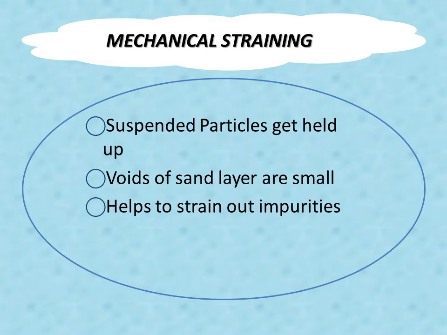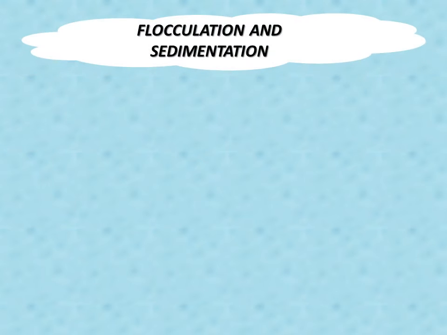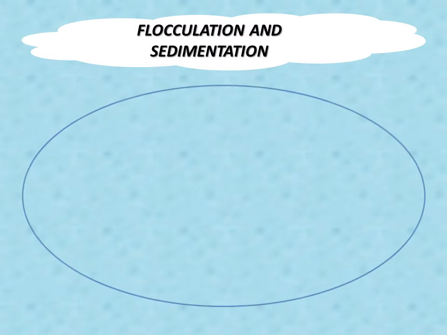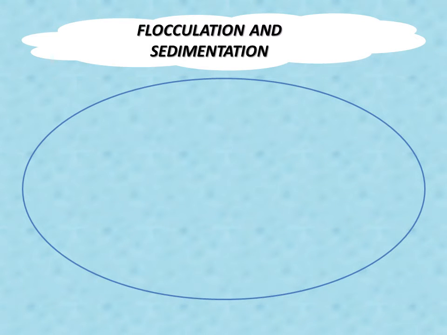Now let's look into the next process, that is flocculation and sedimentation. In this process there are particles and impurities that are lesser than or somewhat equal to the size of the voids of the sand layers.